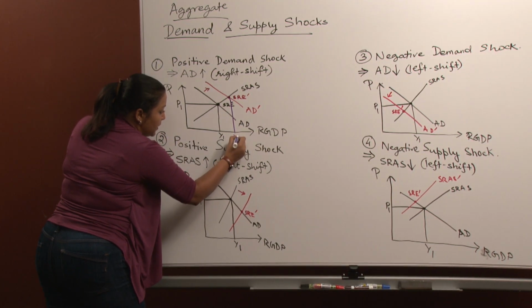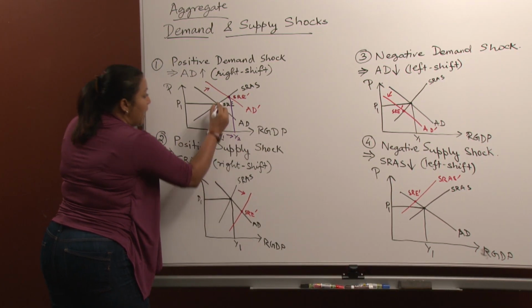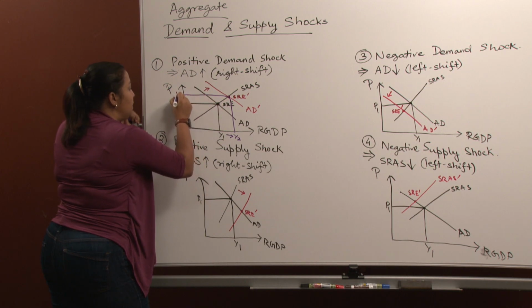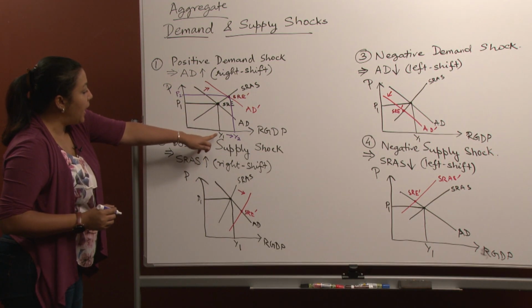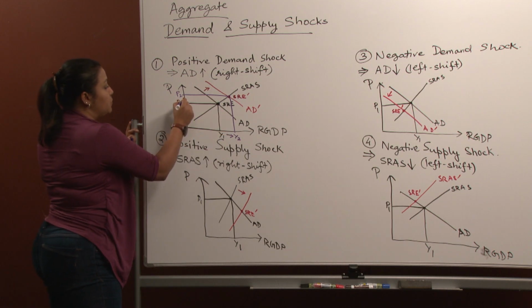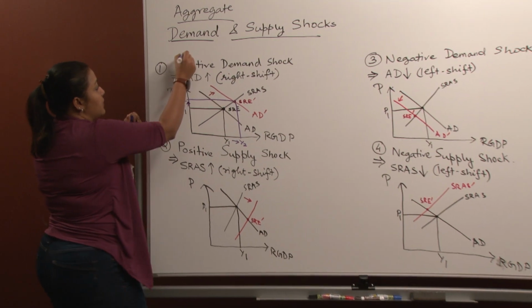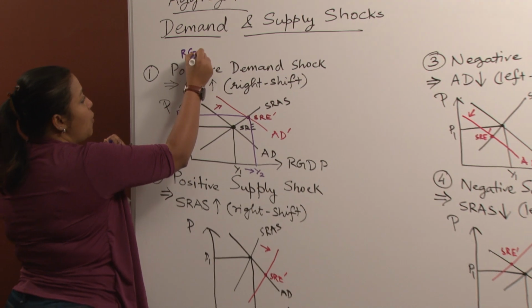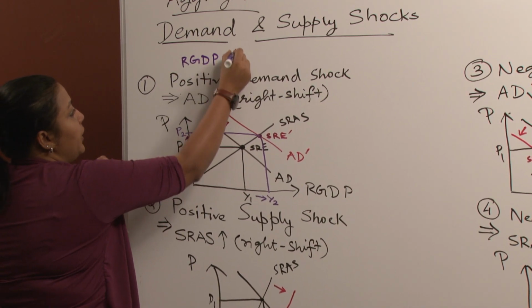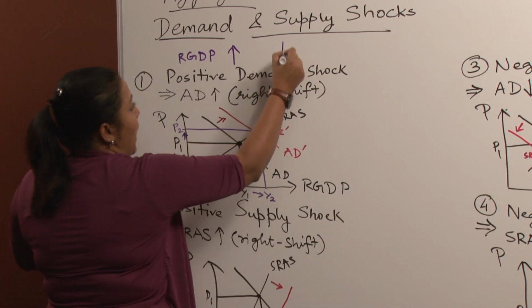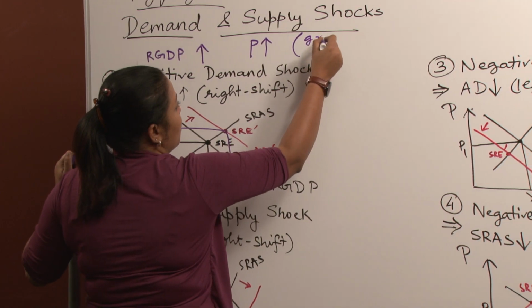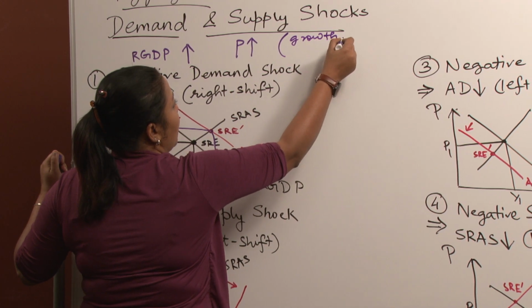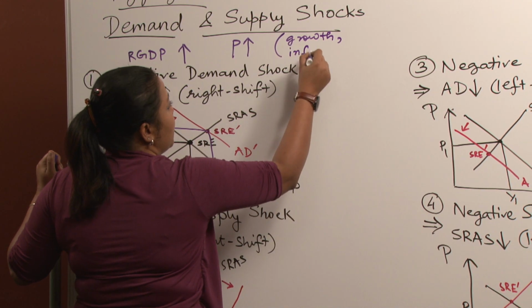For example, if you have a positive demand shock, then please note that there has been an increase in the real GDP, and at the same time there has been an increase in the price index. So that is what you see, an increase in the real GDP as well as an increase in the price index. So we can say that due to positive demand shock, real GDP goes up and price index goes up. So we can say that there is growth in the economy, and at the same time there is inflation.